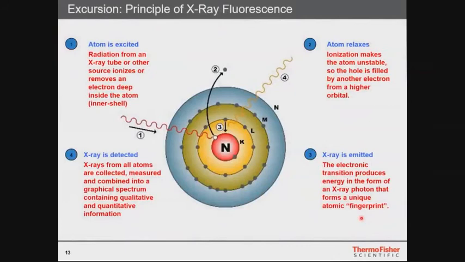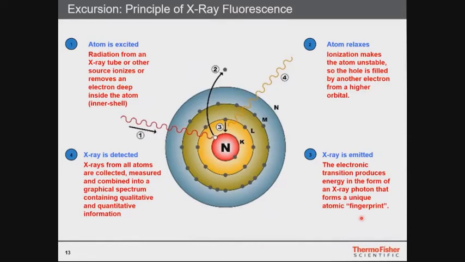I will also show a little bit of X-ray fluorescence spectroscopy. I just want to give you a brief reminder how this technique works, because it's different to X-ray diffraction. With X-ray fluorescence spectroscopy, we excite an atom using X-rays, and the atom is ionized. Afterwards, it relaxes and fills the hole.